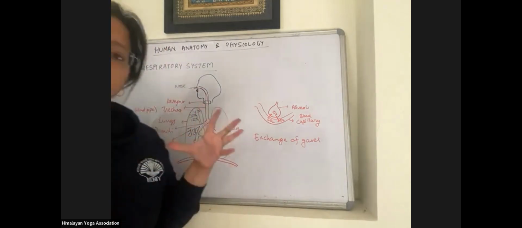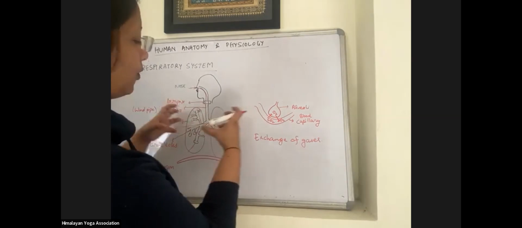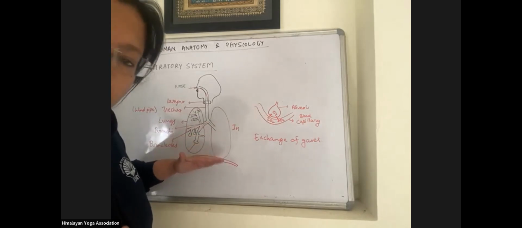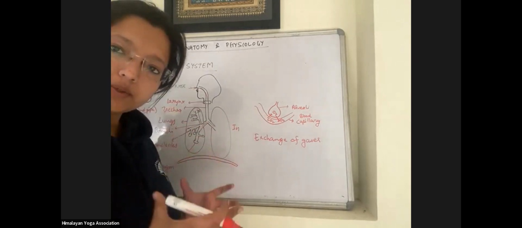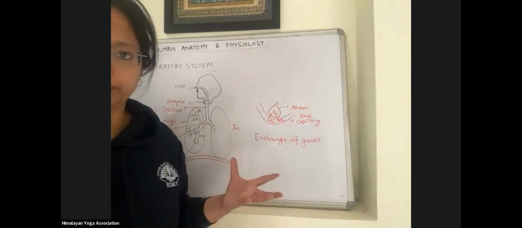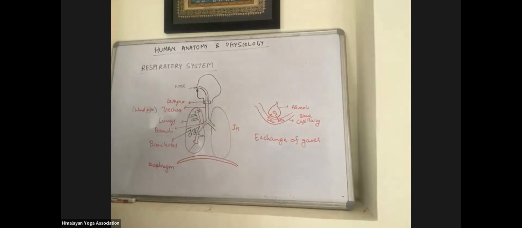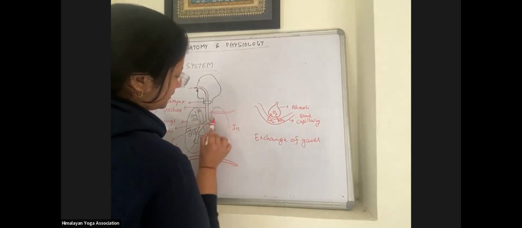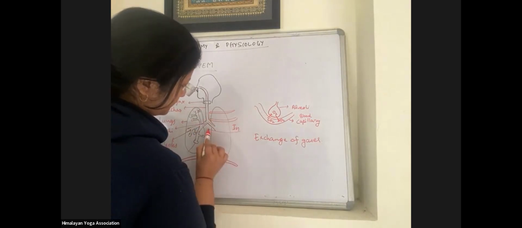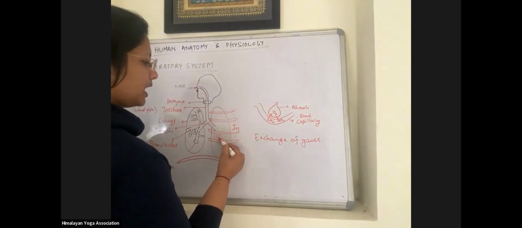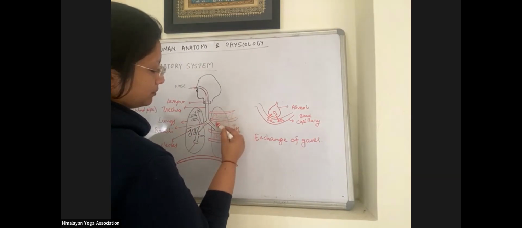The lungs will expand in all the directions. So also downwards. When it goes downwards, actually this diaphragm helps. The diaphragm will go downwards so that the lungs can expand. Okay, and we also have rib cage here. And in between, we have intercostal muscles.